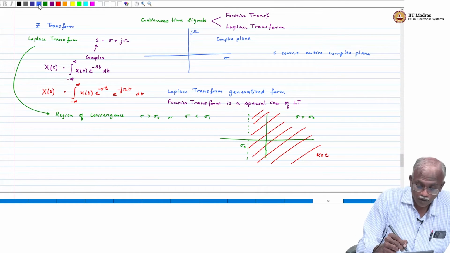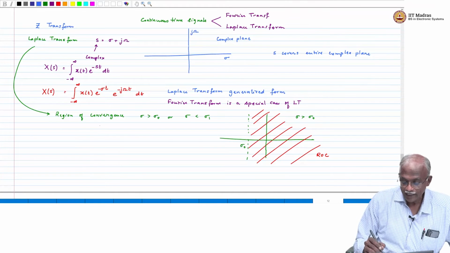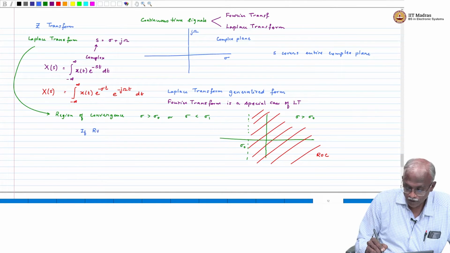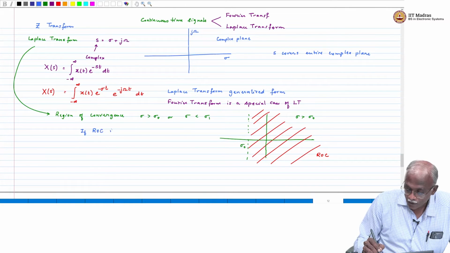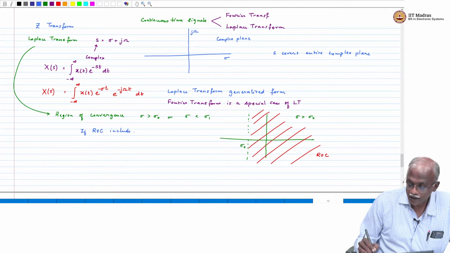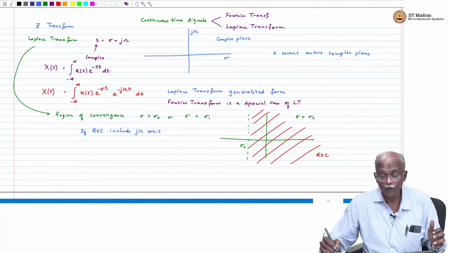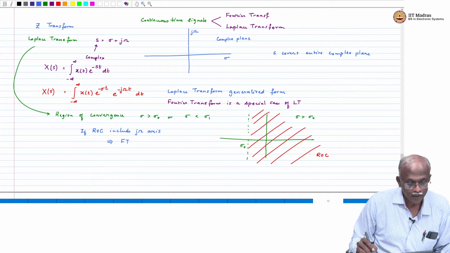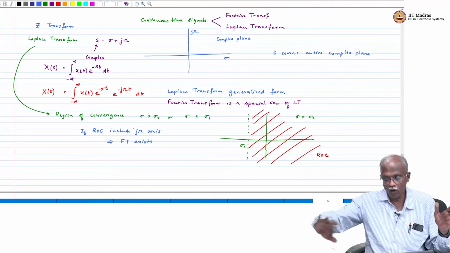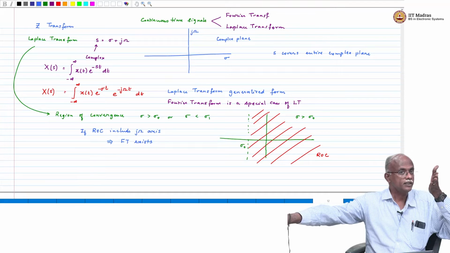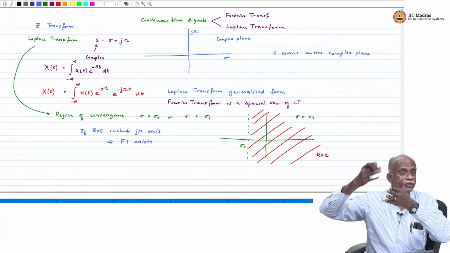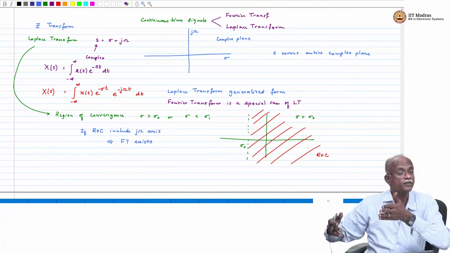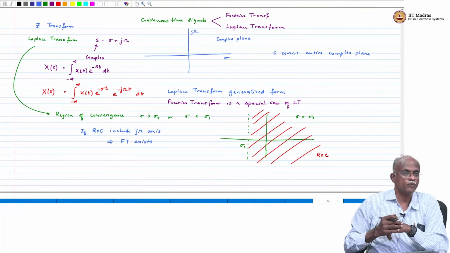Now, a very important element is if the region of convergence includes the j omega axis. In this particular example, the j omega axis is included in the region of convergence. This means that the Fourier transform exists. Because the Laplace transform exists for all these values of sigma, and sigma equal to 0 is a special case that is part of the region of convergence, the Fourier transform will exist.